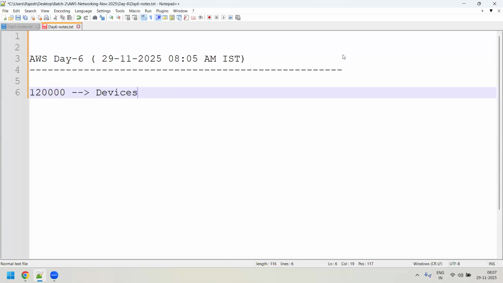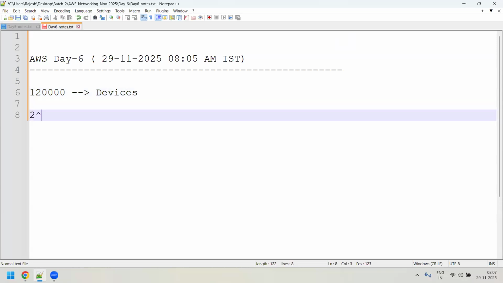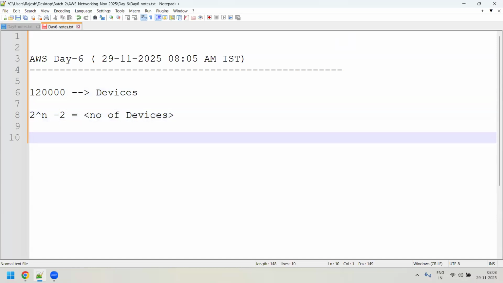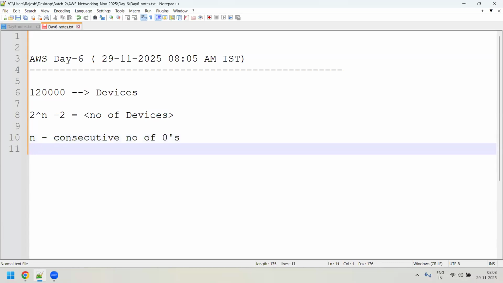In the last class we used one of the formulas, 2 to the power of n minus 2 is equal to the number of devices, with small n. And we had discussed that small n is nothing but the consecutive number of zeros, and capital N is the consecutive number of ones.